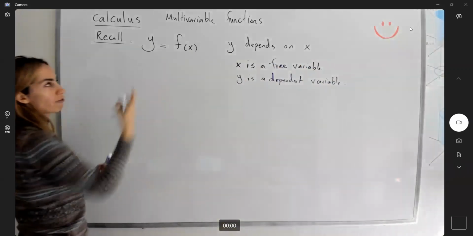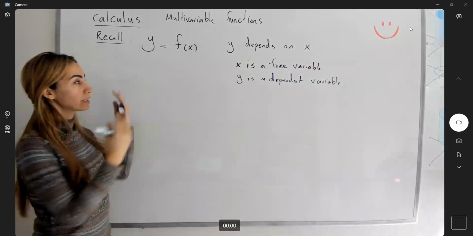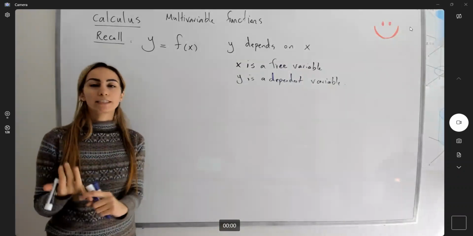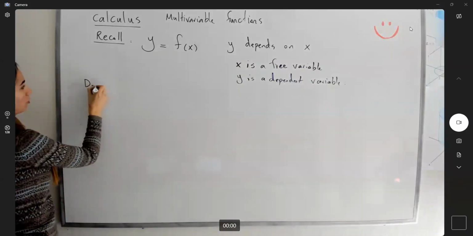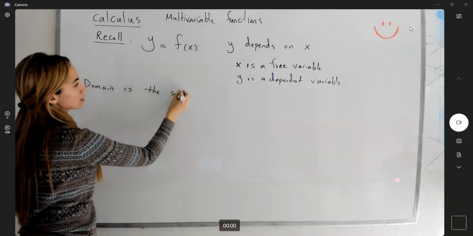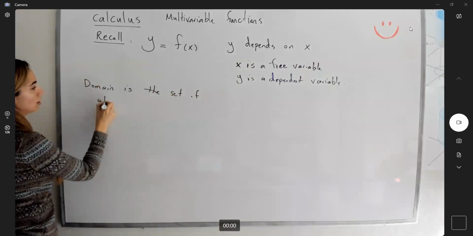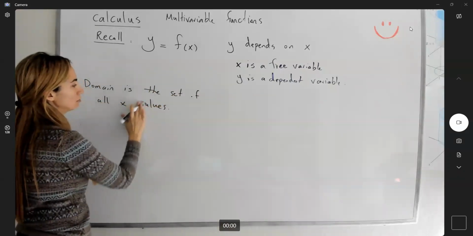When you have a function in elementary algebra, in calculus, in pre-calculus, you define the domain of that function. The domain of the function is the set of all x values. Okay.